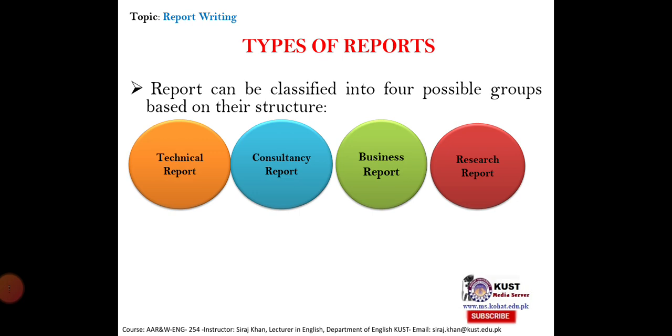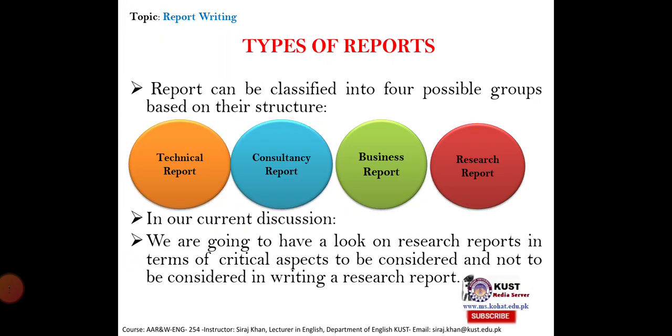Some other types of reports are incident report, accident report, sales report, progress report, monthly absenteeism report, feasibility study report, recommendation report, case studies, etc. But in our current discussion, we are more concerned with the research report than the other types of reports.